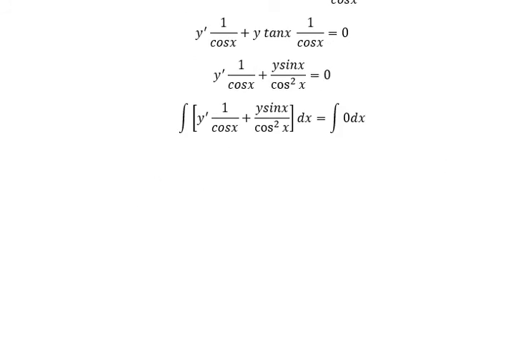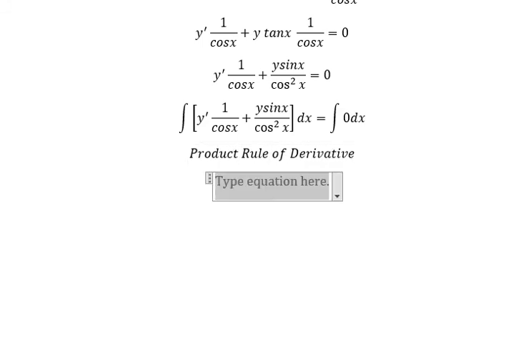So we can apply the product rule of derivative. So we know that we have y, the first derivative of y, that is the first derivative of u multiplied by v plus the first derivative of v multiplied by u.